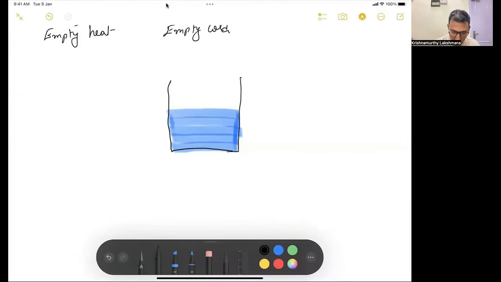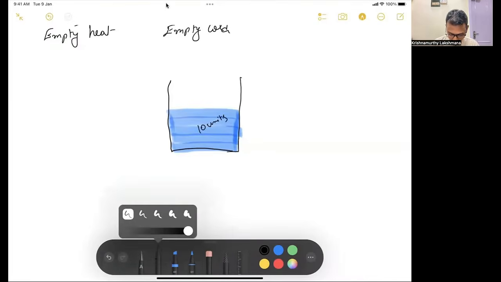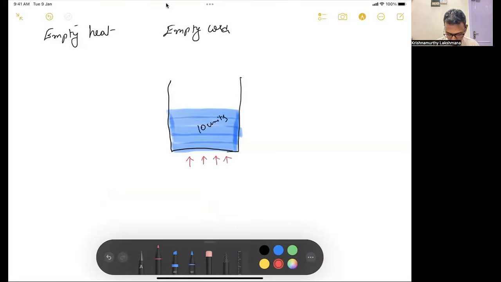Okay. So let's take a container, and let's say we have 10 units of water. And let's say we have 10 units of fire.